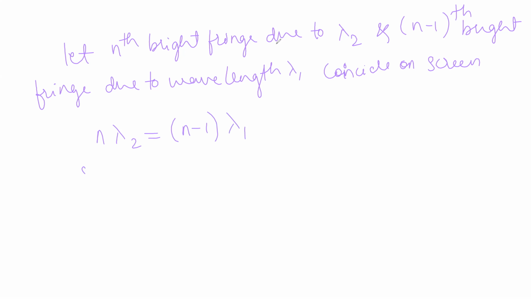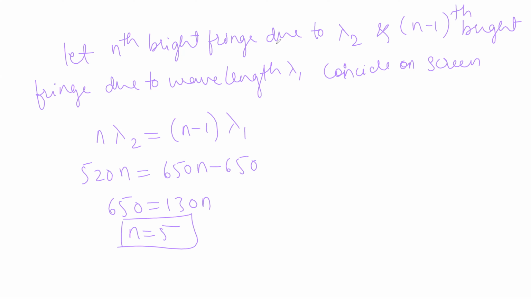Just substitute the values: lambda 2 is 520, n is kept as it is, and n minus 1 into 650. Arranging this, 130 into n can be taken on one side and the numerical value on the other side. After simplification, we get n value as 5.